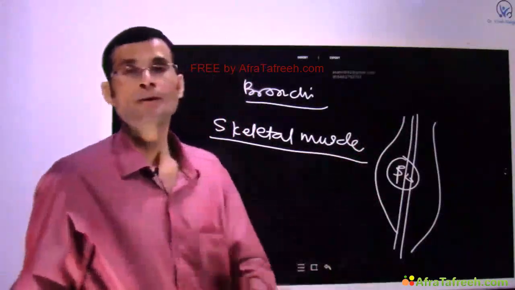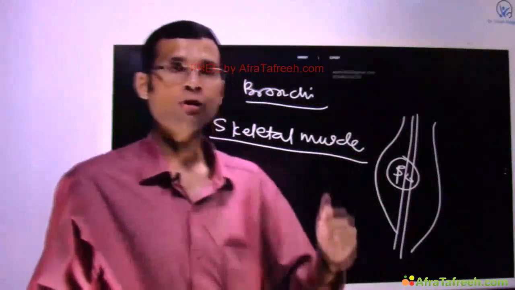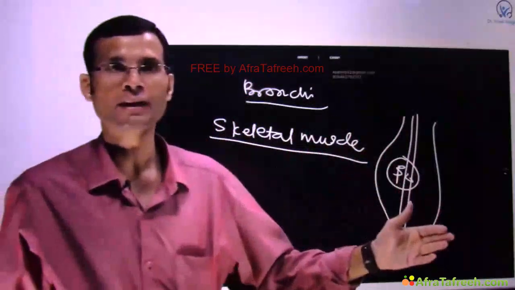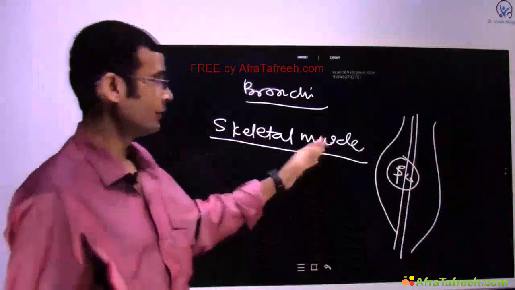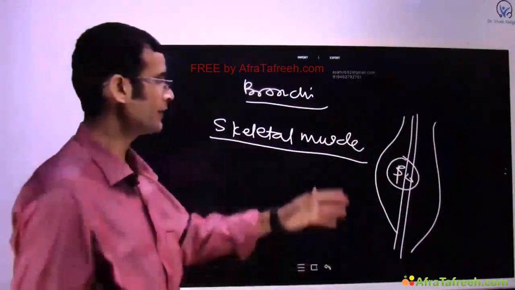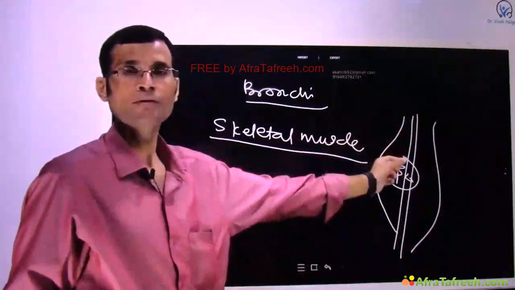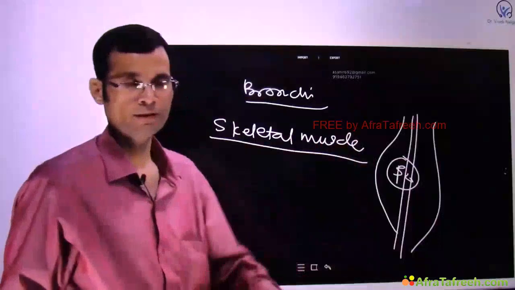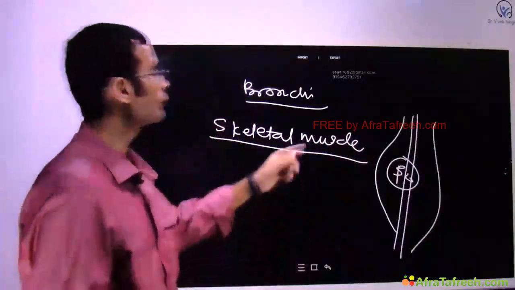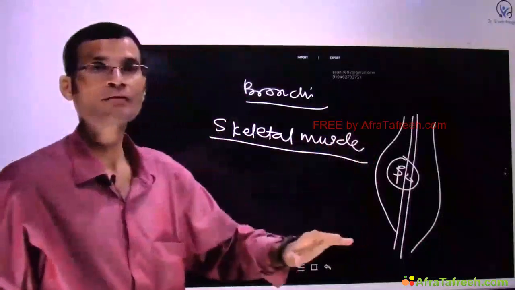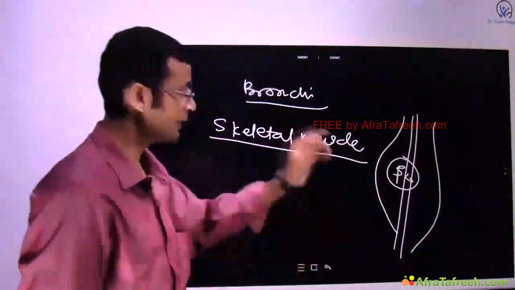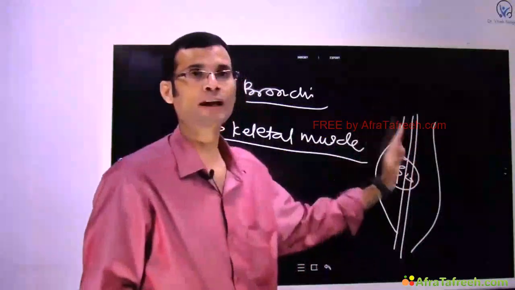Sympathetic nerves cause vasoconstriction everywhere except at some places. One of them is the skeletal muscle. Skeletal muscle blood vessels have beta 2 receptors in their smooth muscles. So sympathetics will cause vasoconstriction elsewhere, but here they will cause vasodilation.